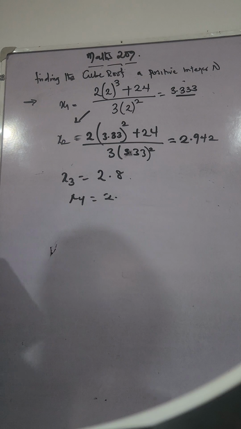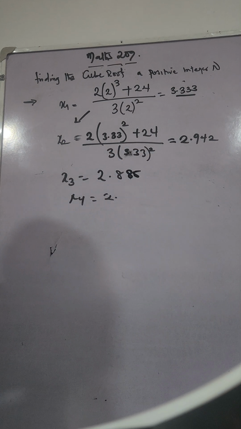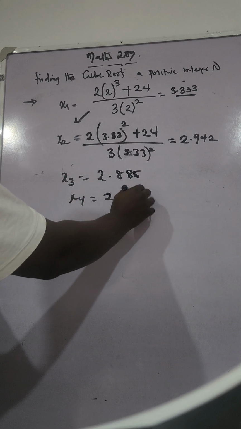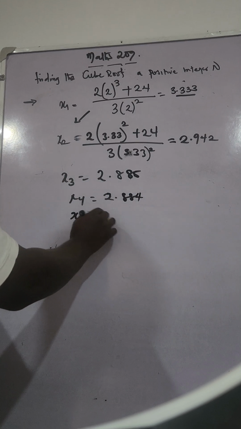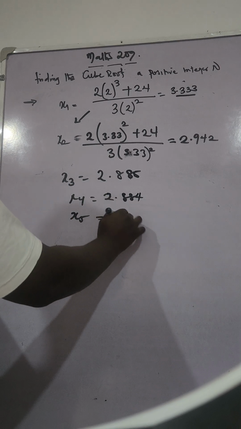That was a typo error. Then if you calculate, you're going to be having 2.884. Let's do it until we get to x5. Let's see. The same, 2.884.